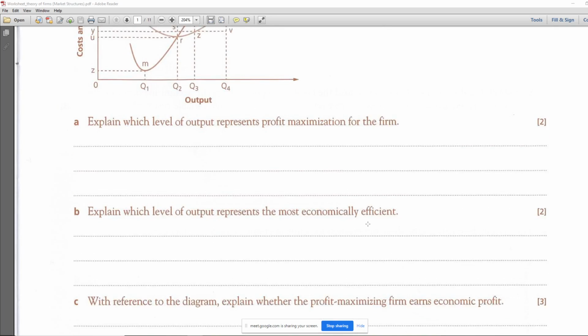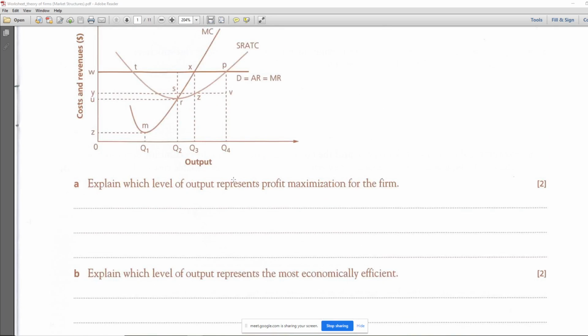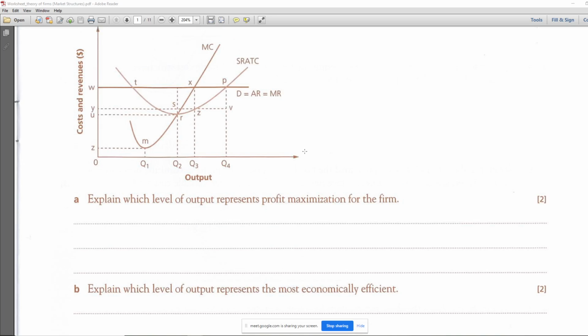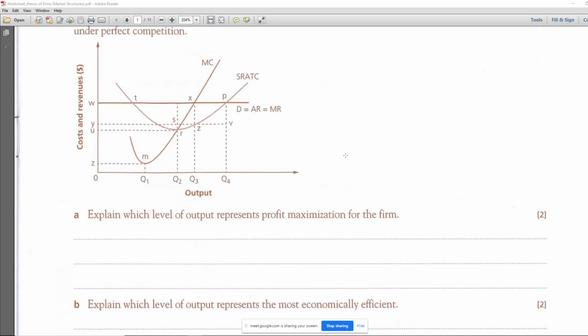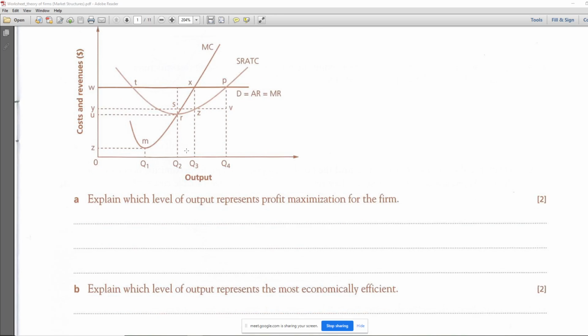For allocative efficiency, Q2 allocative. Okay, can you explain it? How do we find allocative efficiency at Q2?